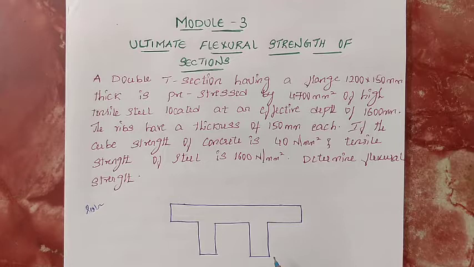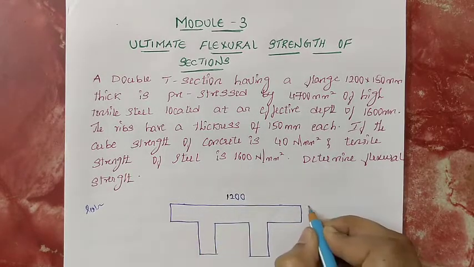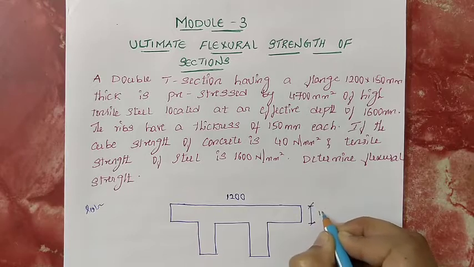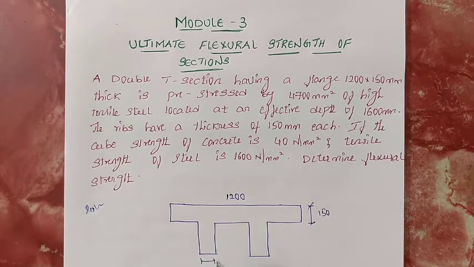The width is 1200 and the thickness is 150 and the rib thickness is 150 mm each.